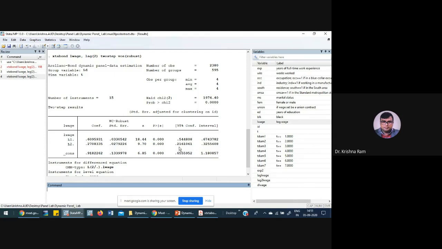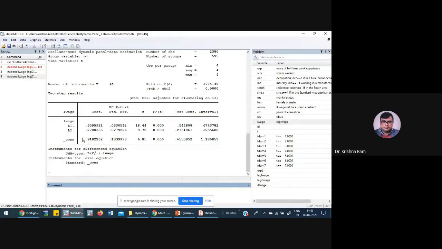But since both models, one-step and two-step, are not suffering from the autocorrelation problem, even then, if you use the standard formula of standard error, you will get an underestimation. And to remove that, the textbook suggests using the Windmeijer standard error. That's why Stata reports the Windmeijer standard error along with the result.